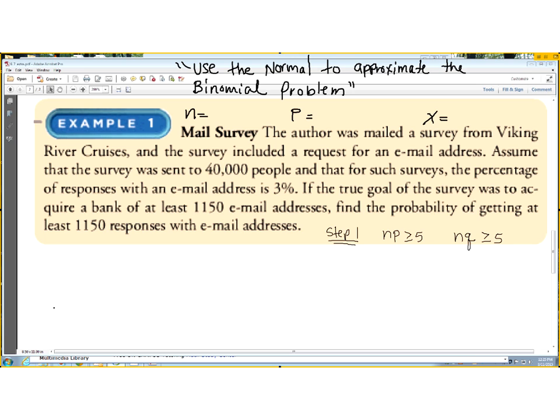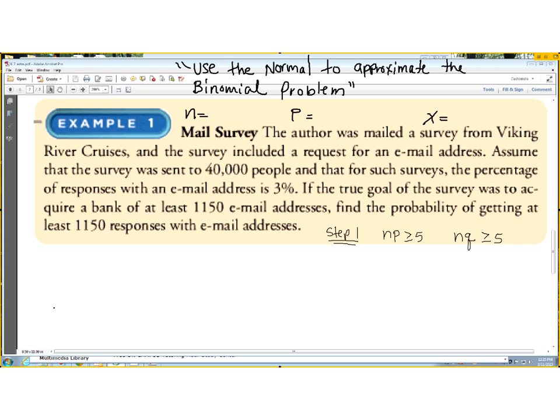We're assuming the survey was sent to 40,000 people, and that for such surveys, the percentage of responses with an email address is 3%. If the true goal was to acquire at least 1,150 email addresses, find the probability of getting at least 1,150 responses with email addresses.